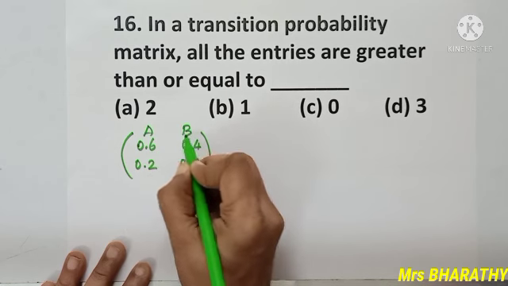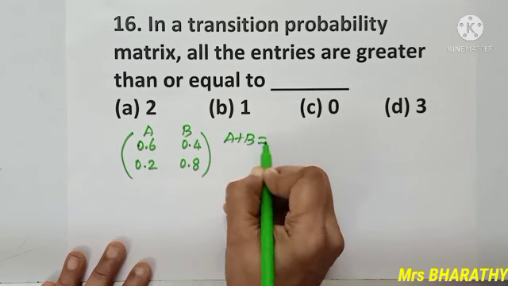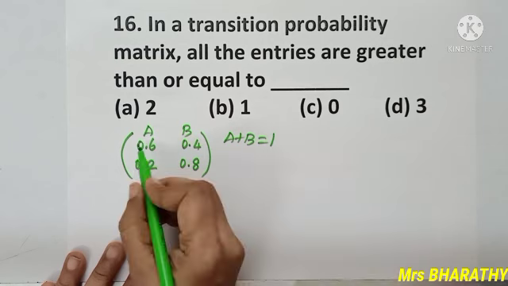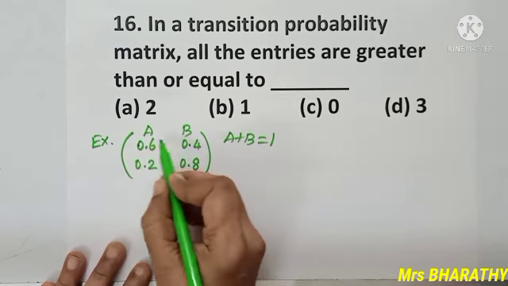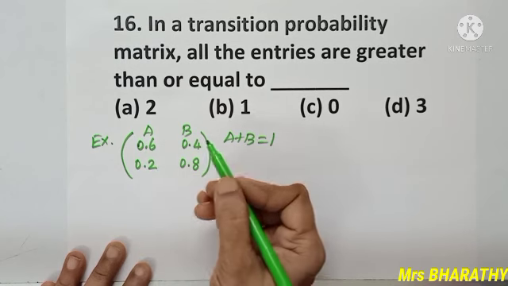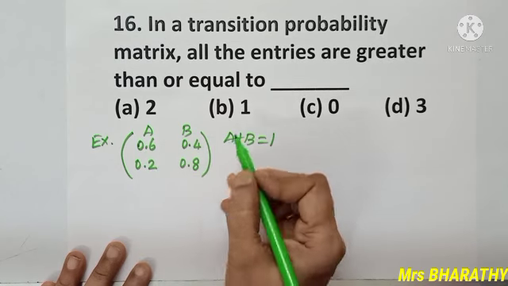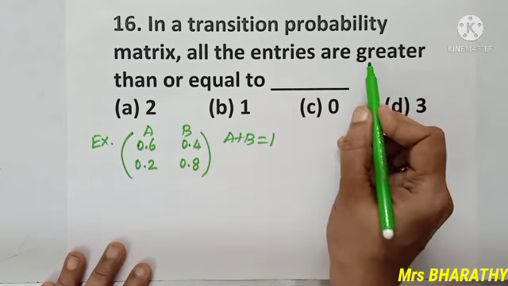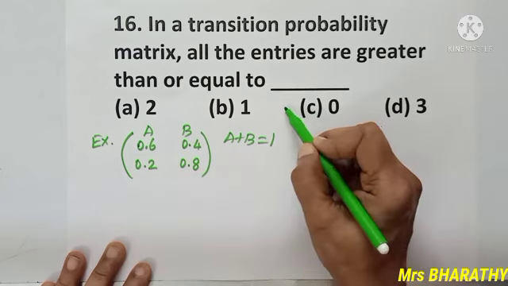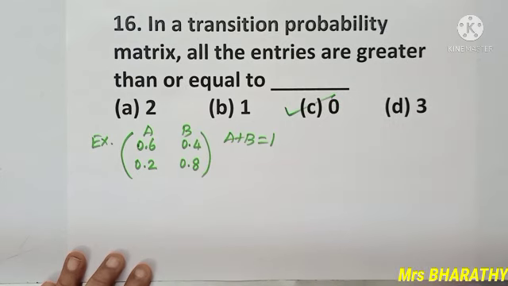Always the total, say A plus B, should give me 1. So any of the entries cannot be 1 or above. Obviously they are greater than or equal to 0. So the right choice is C.